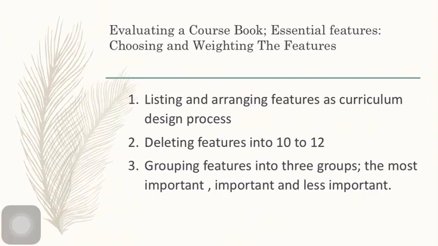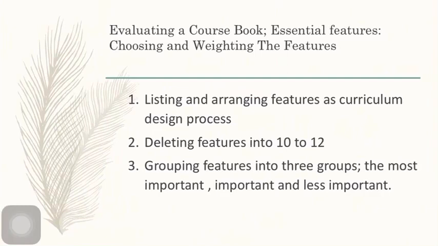Take away features from the list so that it contains a manageable list of features, preferably no more than 10 or 12, because it is not possible to include all the principles of teaching and learning on this list. It will be necessary to decide which of those principles are really important enough to include.